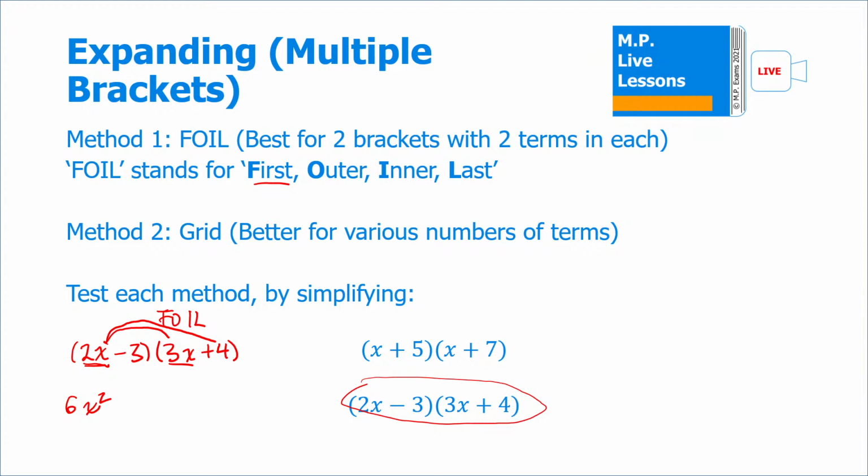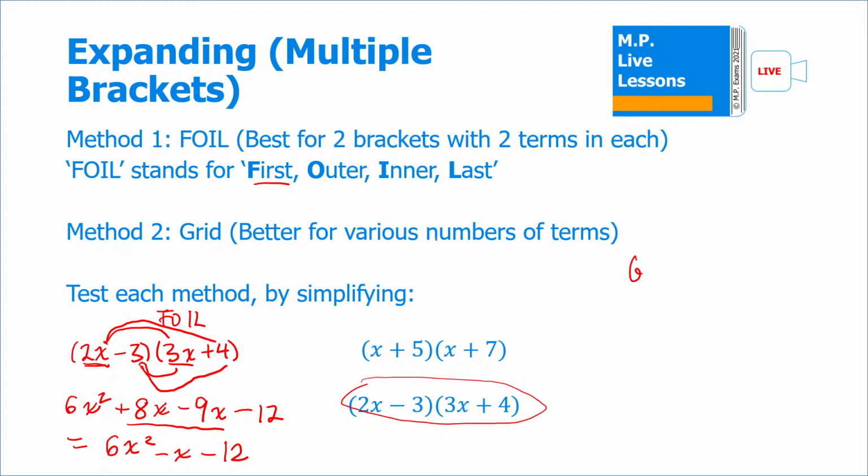Multiply them together, you get positive 8x. And then the inside terms, the negative 3 and 3x, you get minus 9x. And then the last terms, the minus 3 and plus 4, that's minus 12. If you tidy this up, you can see that these two terms can be collected together. So that's 6x squared minus x minus 12.